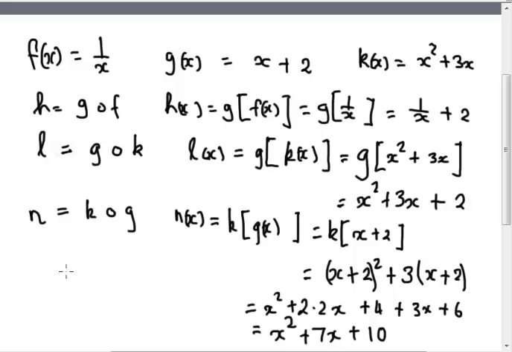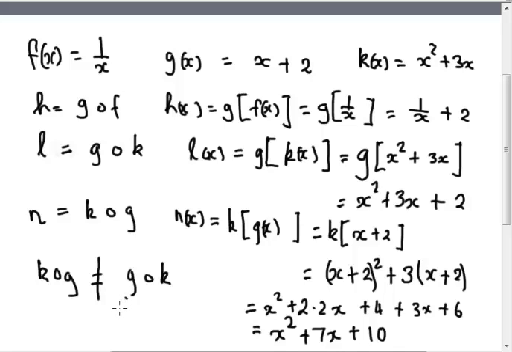So in general, if we're composing two functions in different orders, we are not going to have k circle g equal to g circle k. In general, this equality is not true. It can happen sometimes. Take that as a mere accident.